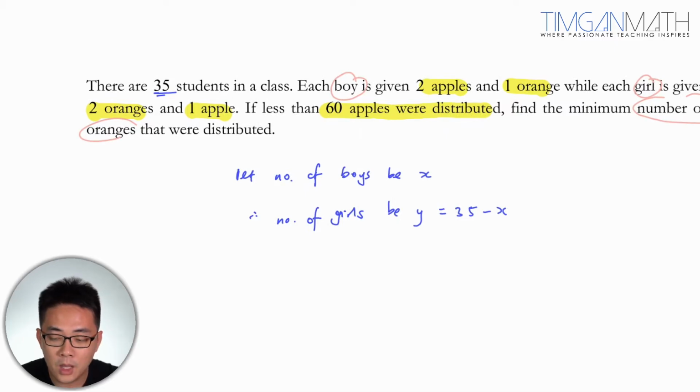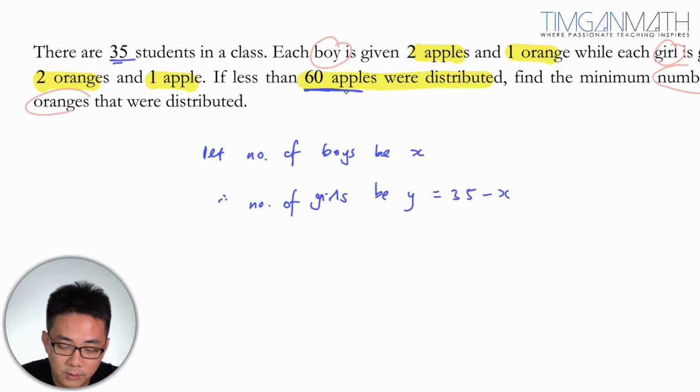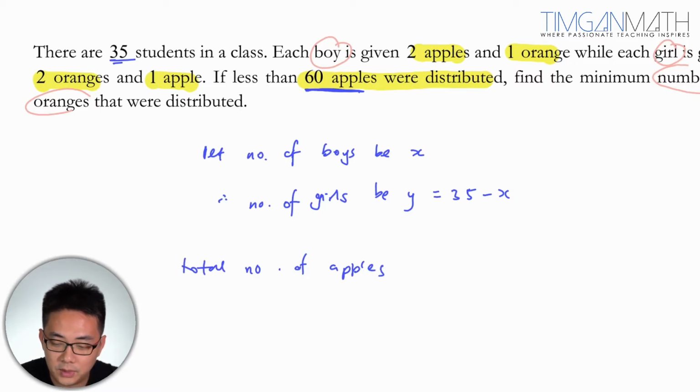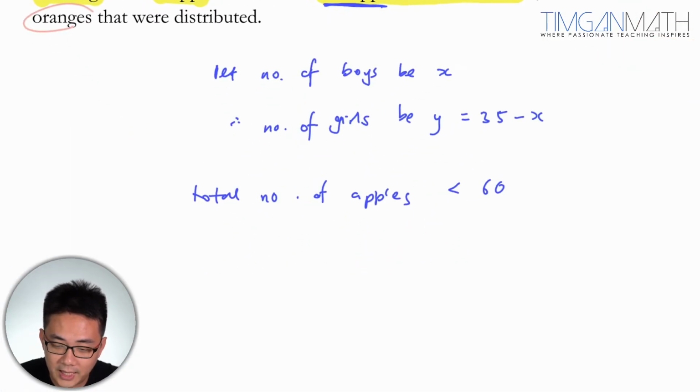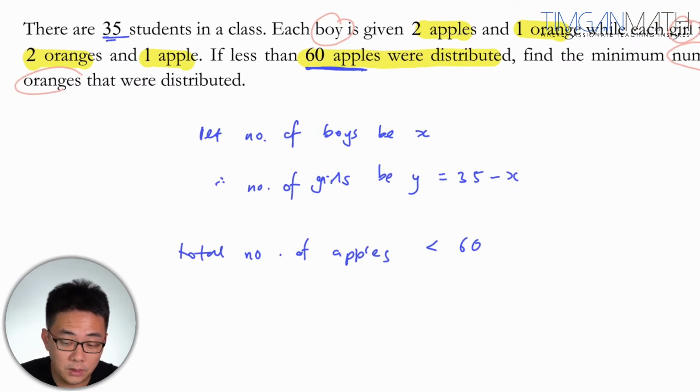Then from here, we know that the total number of apples distributed is less than 60 apples. So what we're going to do is calculate the number of apples in terms of x. There are 2 apples per boy, so for boys we get 2 multiplied by the number of boys.